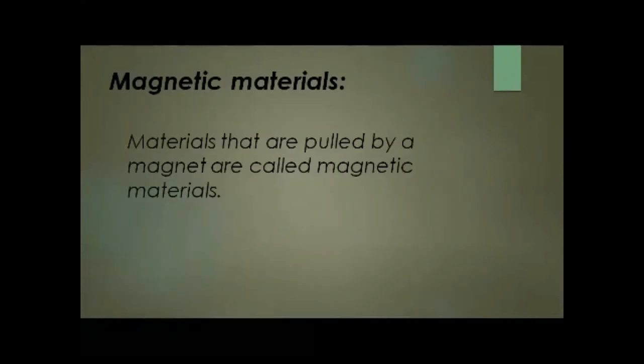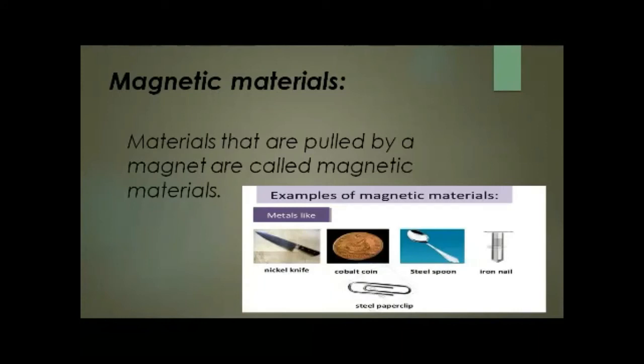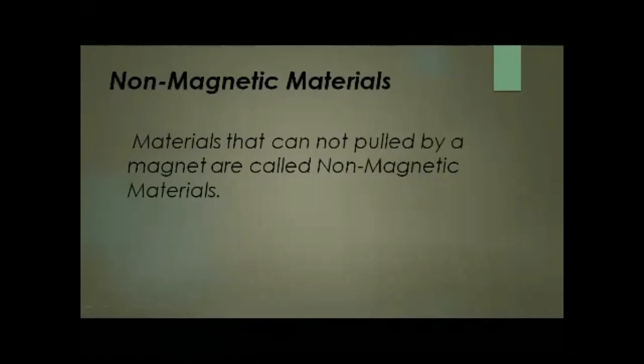Things made from metals can be easily attracted by magnets. Here are some examples: knife, coin, spoon, iron, paperclip, and these are made from nickel, cobalt, steel, iron. These are examples of magnetic materials. Now non-magnetic materials: materials that cannot be pulled by a magnet.